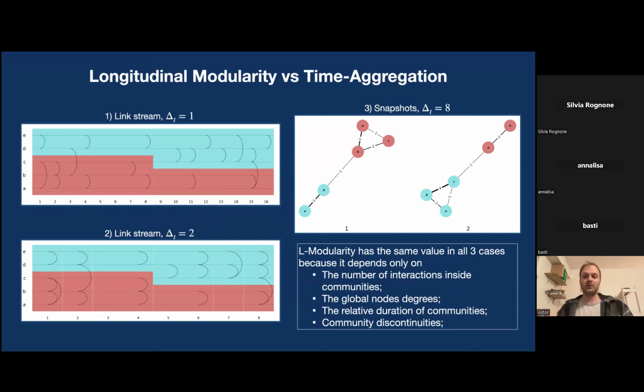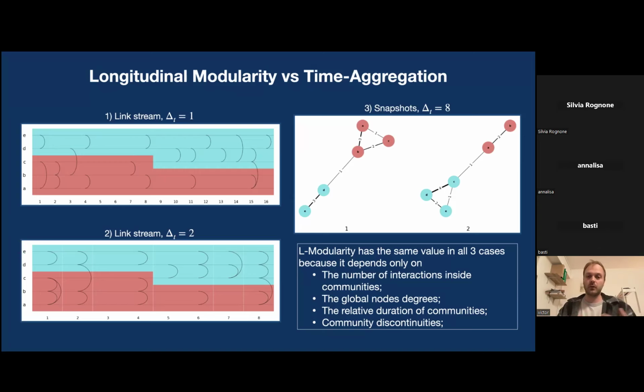Something I forgot to tell you earlier is that if you have a link stream in real life, you don't have a lot of tools, as I said, to manipulate it. So you will want to aggregate data around time windows. So you have snapshot sequences, and now you can work with that.